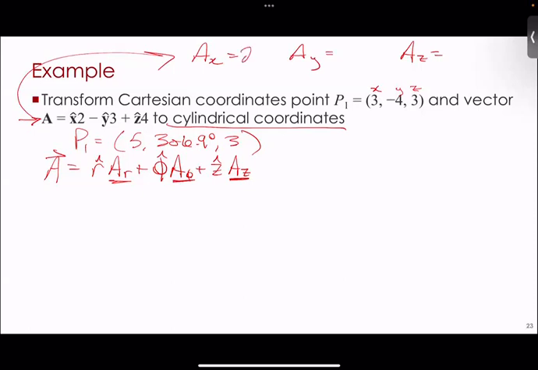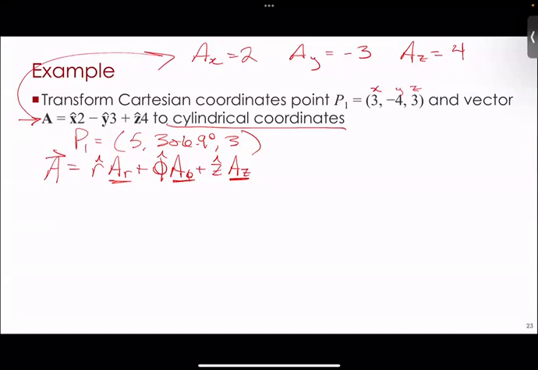Whenever you see these things, like whether it's AX, AY, AZ, or AR, A phi, AZ, what I want you to think about is just what's the stuff next to it. So for A phi, it's really what's the stuff next to phi hat. For AY, what's the stuff next to Y hat? So it'd be -3 here, right? So it's as simple as that. And so Z, the stuff next to Z hat, is 4.